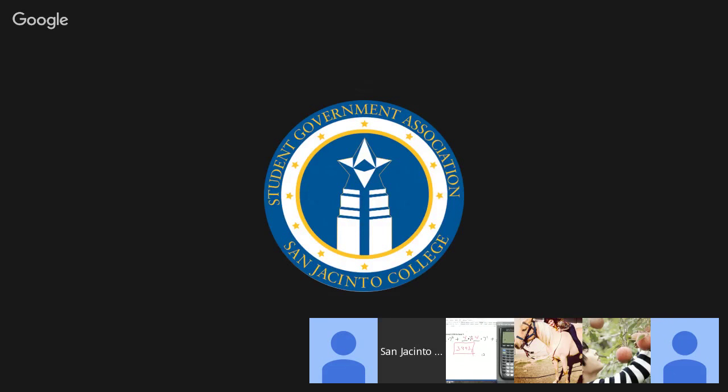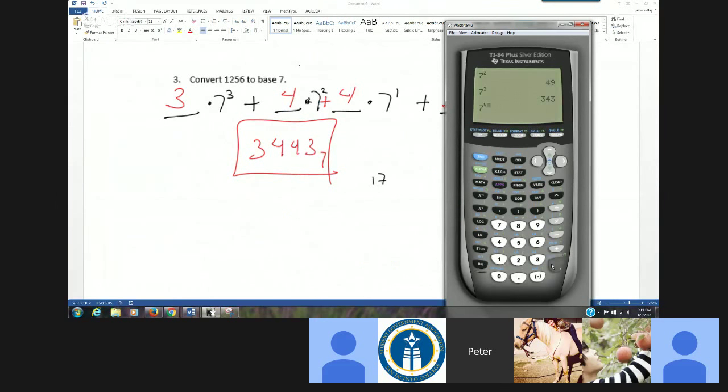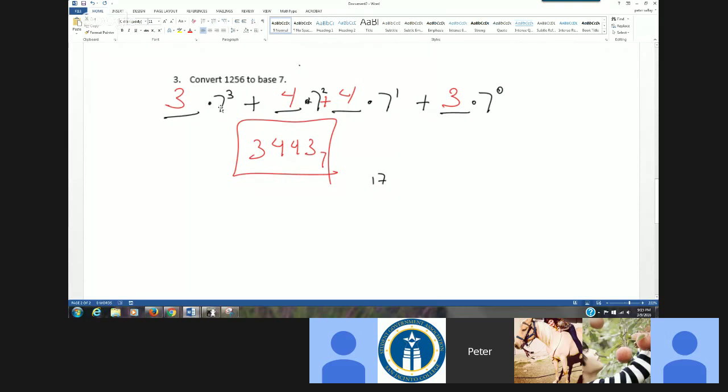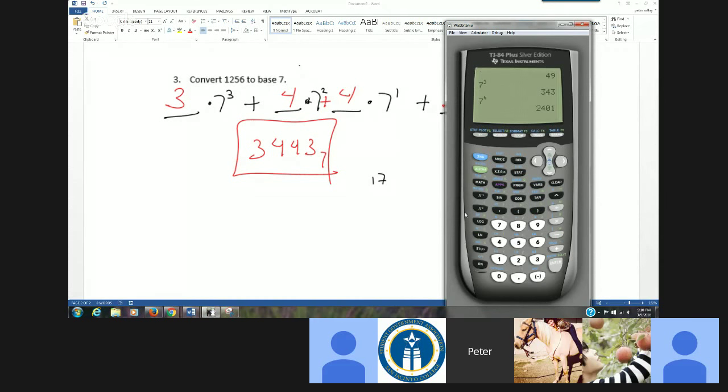But 7 to the 4th is already bigger than my target, the 1,256. So I know that I can start with 7 cubed. So then what I would do is I'd fill in these blanks here: 7 cubed, 7 squared, 7 to the first, 7 to the 0th power. And then I would go back and figure out how much does each one go in.